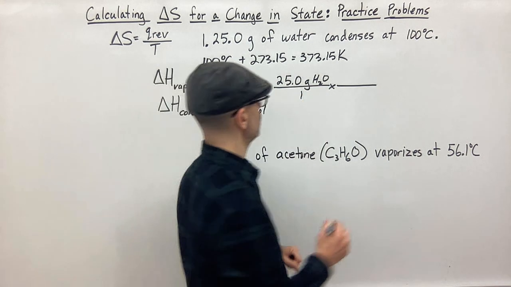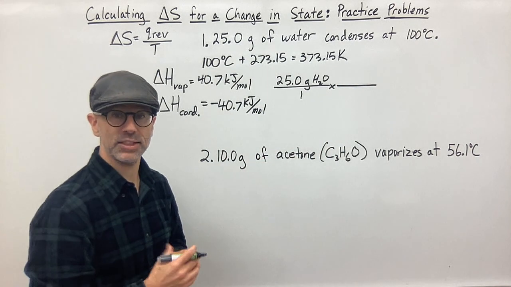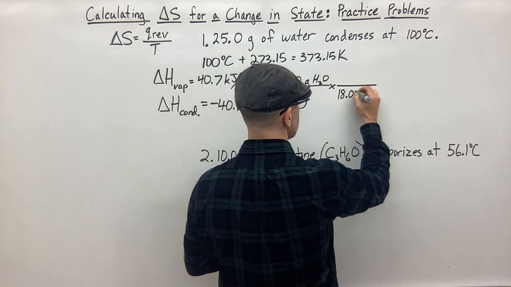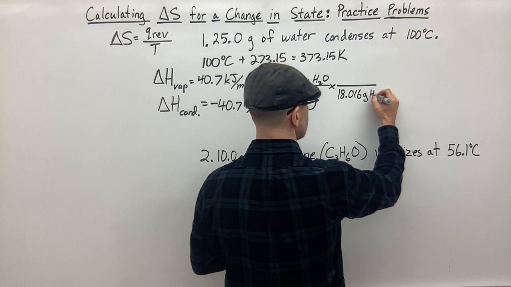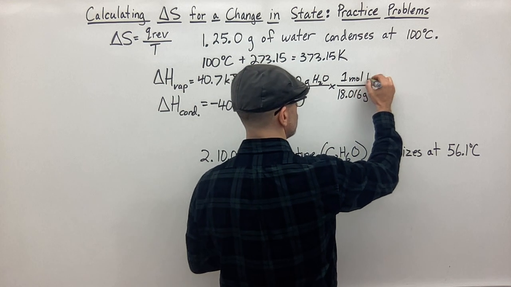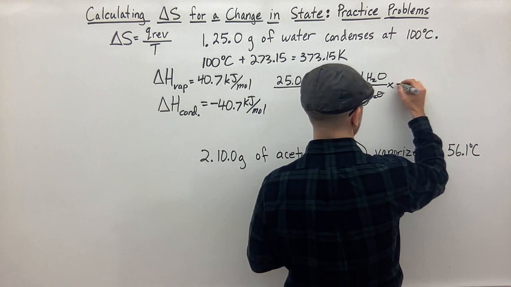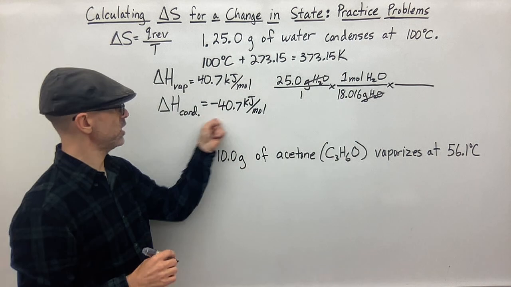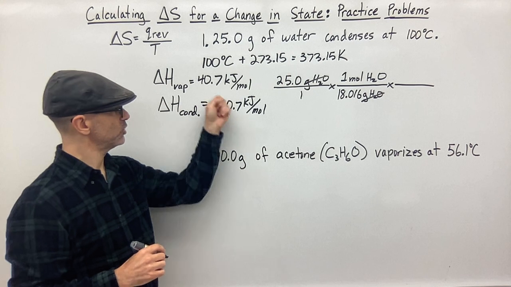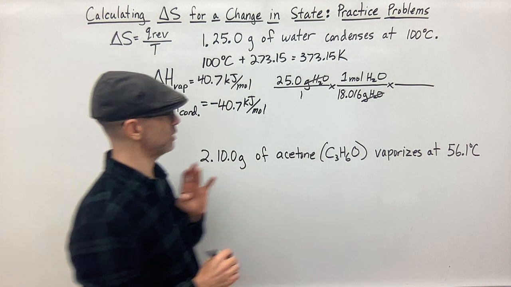From the periodic table, you calculate the molar mass, which for water is 18.016 grams of water equal to 1 mole of water. So grams cancels out. And now I can use my conversion factor. For every mole of water, I need 40.7 kilojoules, negative, to be released. The water is the system. It's losing energy, so it's going to be negative.